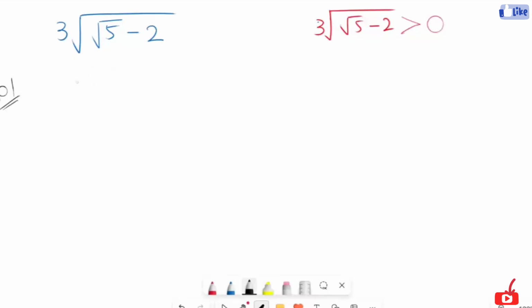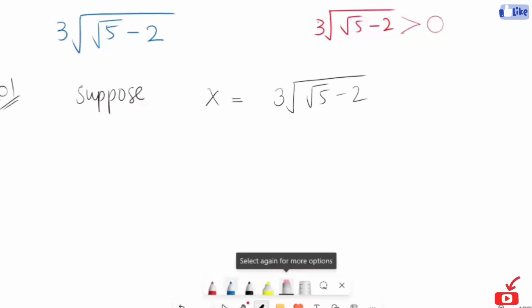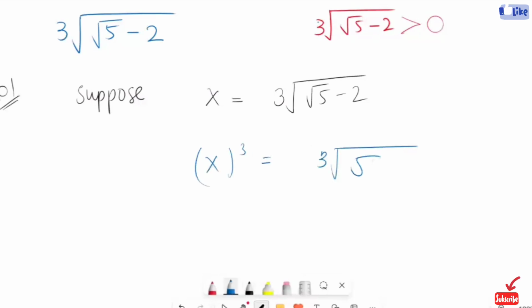First, I'm going to suppose x is equal to this given expression. Now I want to remove this cube root from the right-hand side, so I'm going to raise both sides to the power of 3.